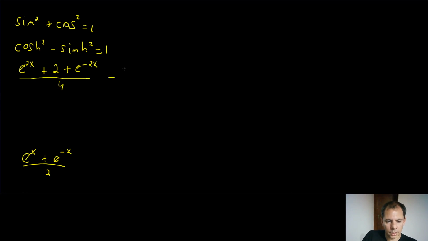And then you have a minus. And over here is going to be the same thing, e to the 2x, but this time it's going to be a minus 2, because the hyperbolic sine has this as a minus. It's going to be minus 2 plus e to the minus 2x divided by 4.